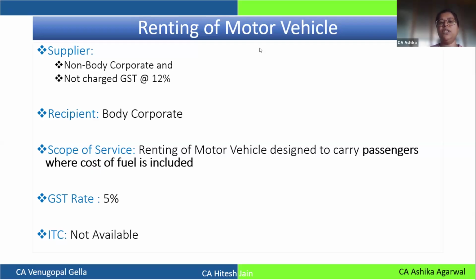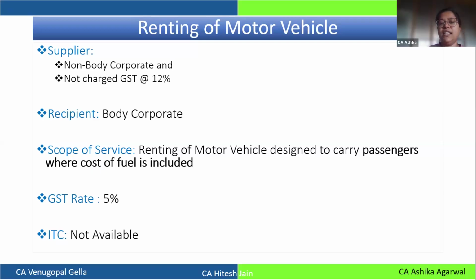Passenger transport service is like a bus, which goes on a specific route decided by itself, but not as per the passenger. But when it is renting of motor vehicle, we are the people who will say where to go, which place to stay, where to stop. So that's the difference.